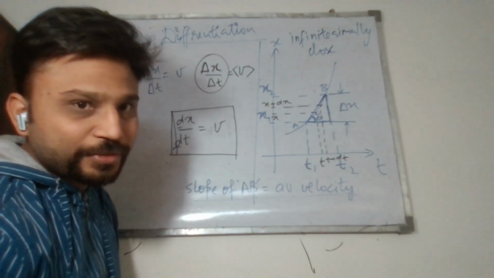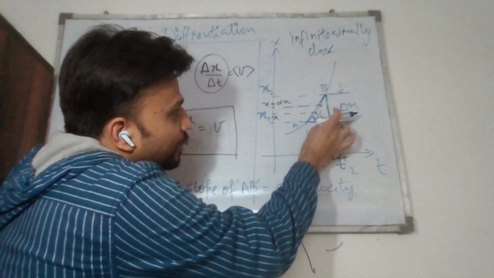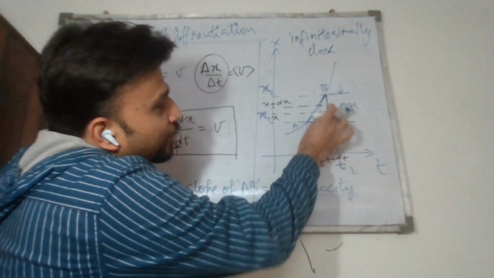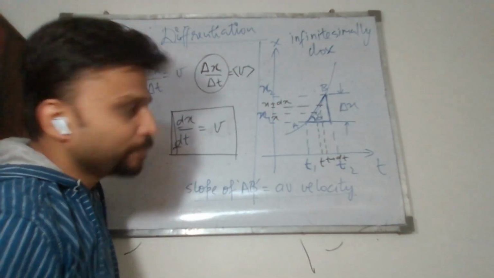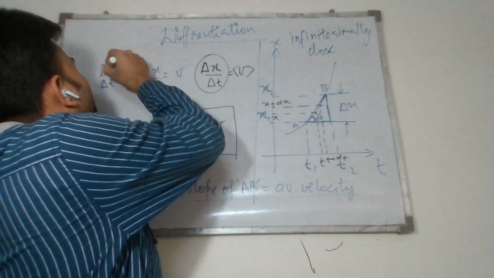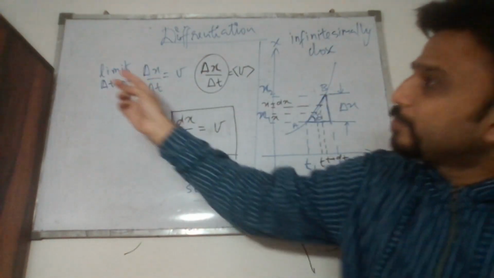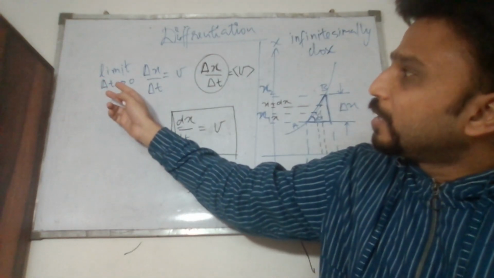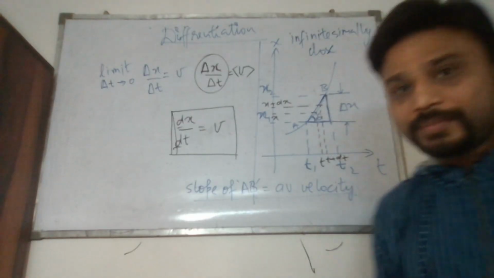So that is one thing which we have done, that we have brought these 2 points very, very close to each other, so that the average velocity becomes instantaneous velocity, and we put a symbol called limit over here. So this is the limit symbol, limit delta t approaching zero.